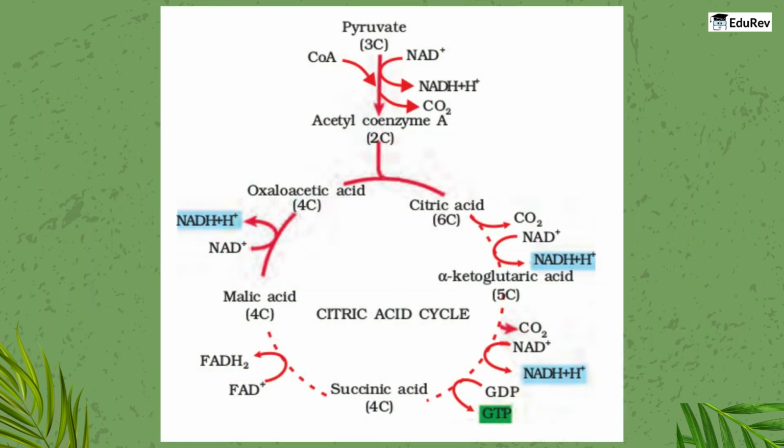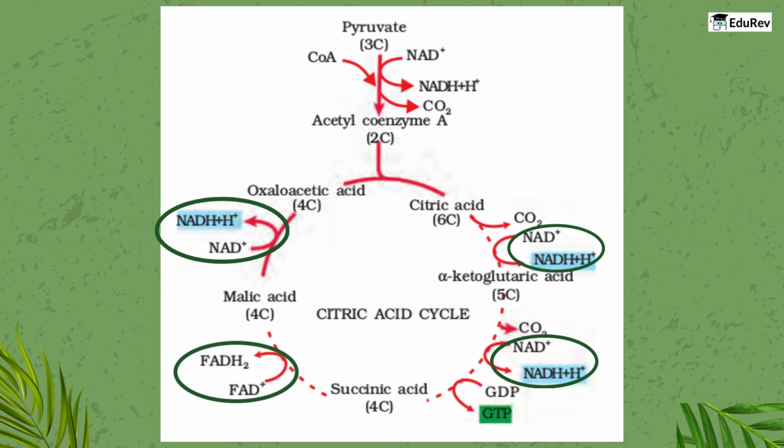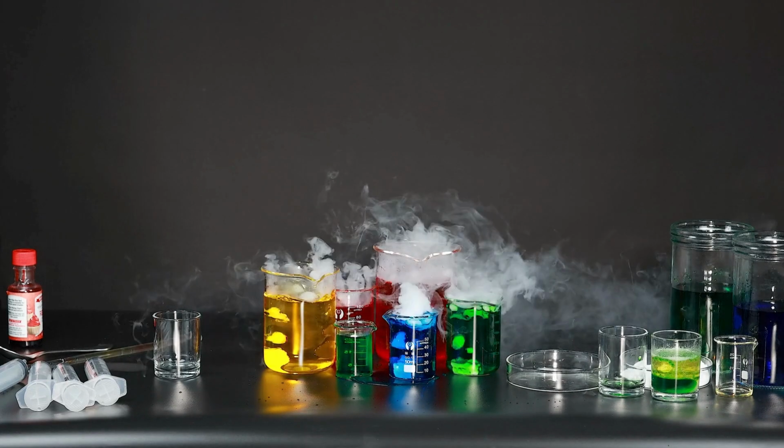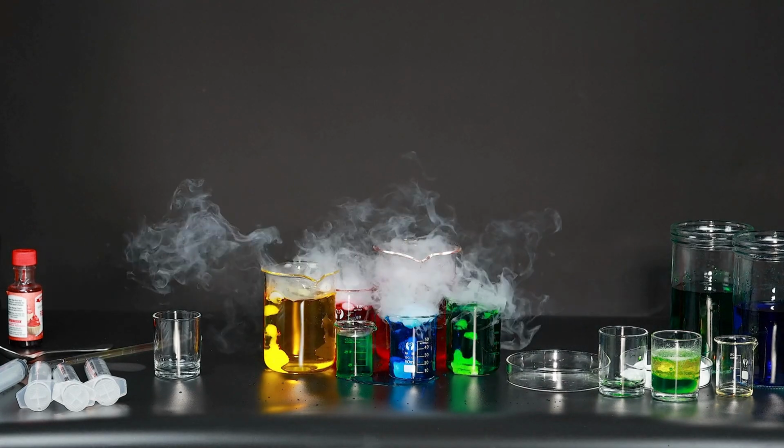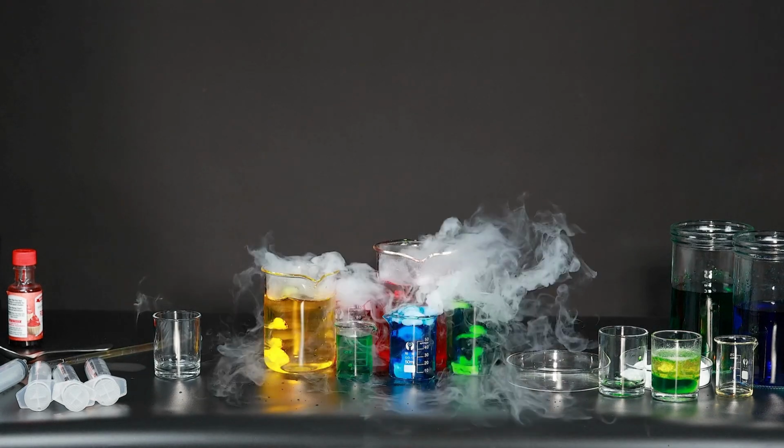Throughout the cycle, three NAD+ molecules are reduced to NADH plus H+. One FAD+ is reduced to FADH2. Eventually, the cycle regenerates oxaloacetic acid, ready for the next turn.